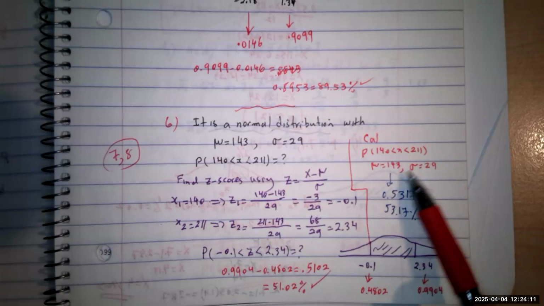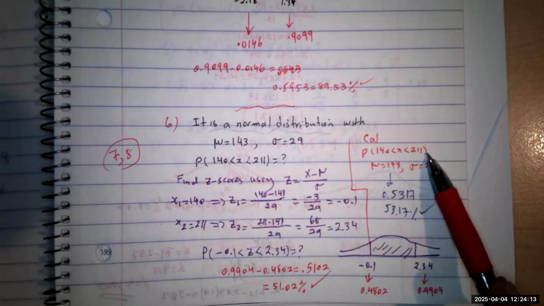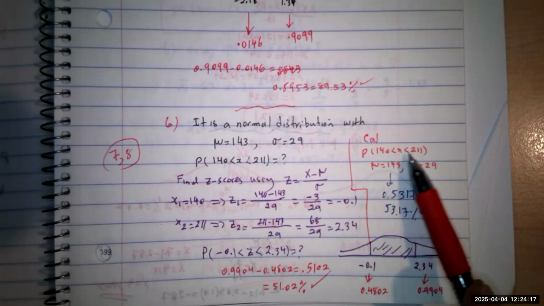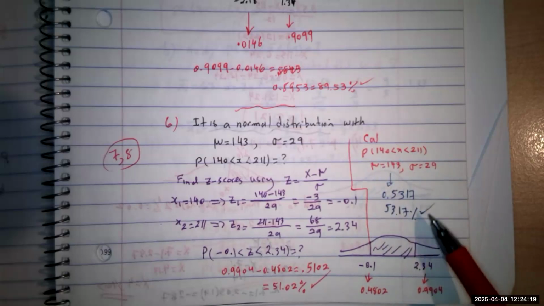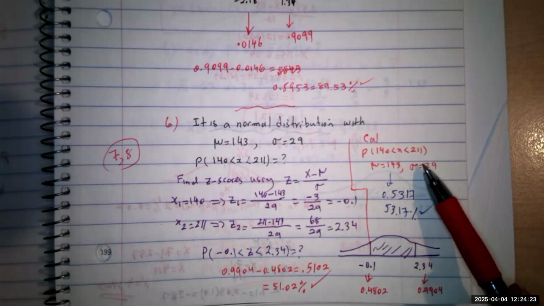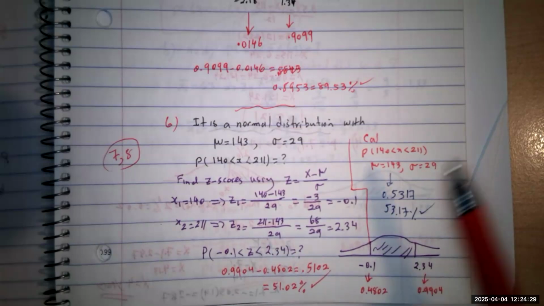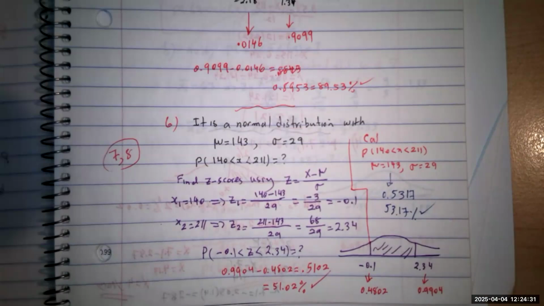So I did it with the calculator. This is the TI-83/84. With the calculator, entering 140 and 211, the calculator gives you 53.17%. So calculator, manually using the table, and Art of Stats: pick your choice, whichever one you are going to use.